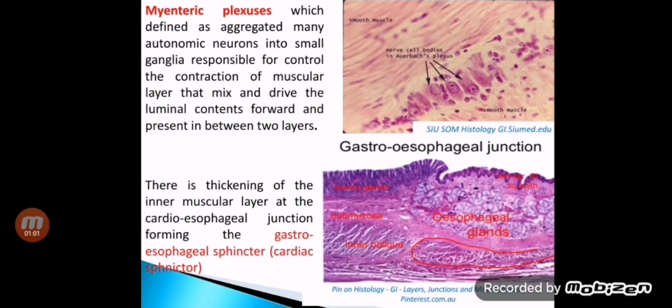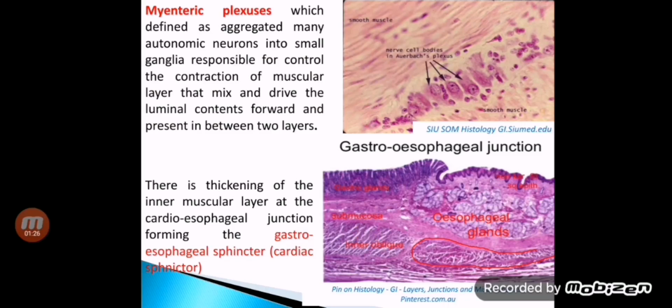The muscle layer at the lower end of the esophagus shows an enlargement of the inner circular layer, which is demarcated by this red line, and this forms what is called the cardiac sphincter. The muscle of the stomach shows an enlargement because an additional layer is added to the already present layers, becoming inner oblique, middle circular, and outer longitudinal.